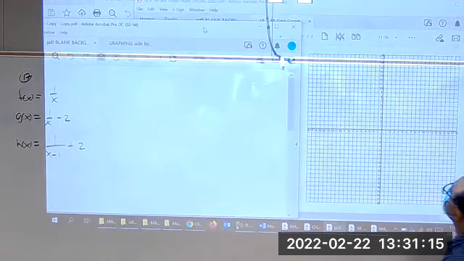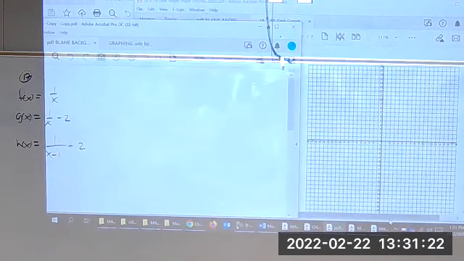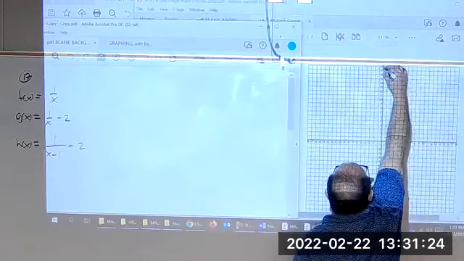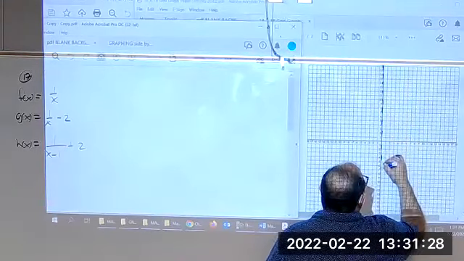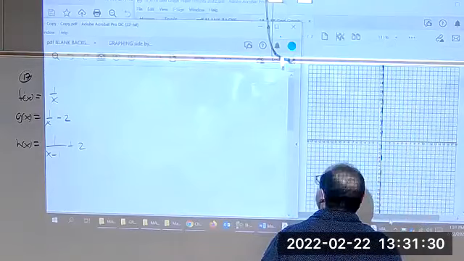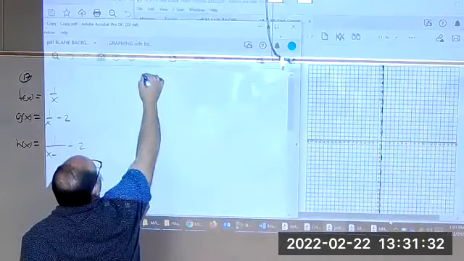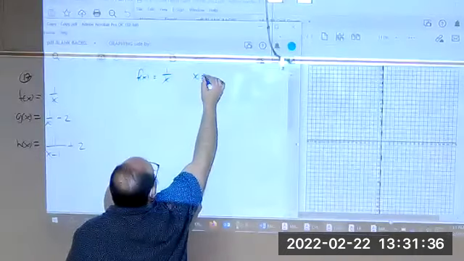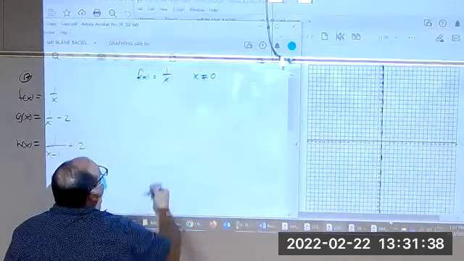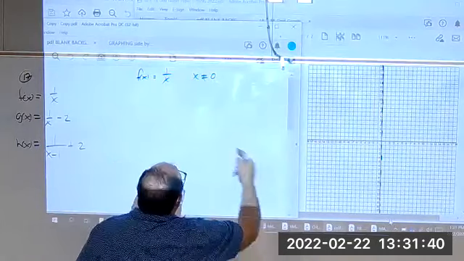So at 0, we have this vertical asymptote. That's like that wall. First thing I want to find is that undefined value. X cannot be 0. There's my asymptote.